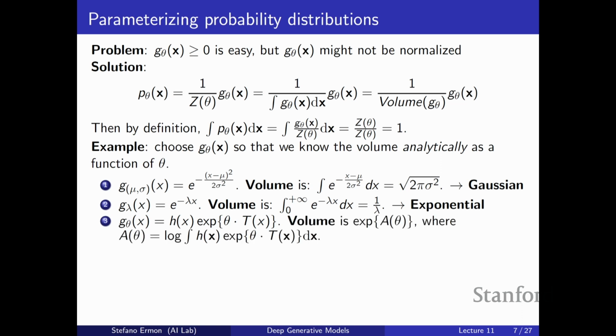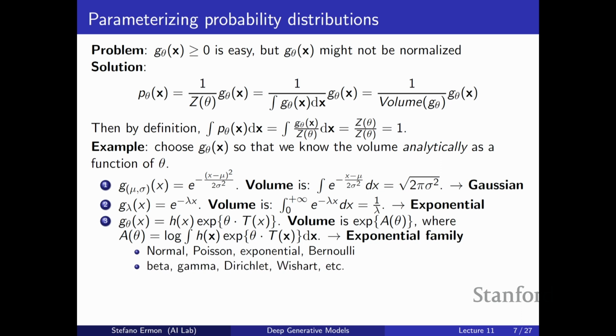Not super important, but it turns out that there is a volume here, which is just the integral of the unnormalized probability. And then if you divide by that quantity, you get this family of distributions that are called the exponential family, which captures a lot of known commonly used distributions like normal, Poisson, exponential, Bernoulli, and many more.